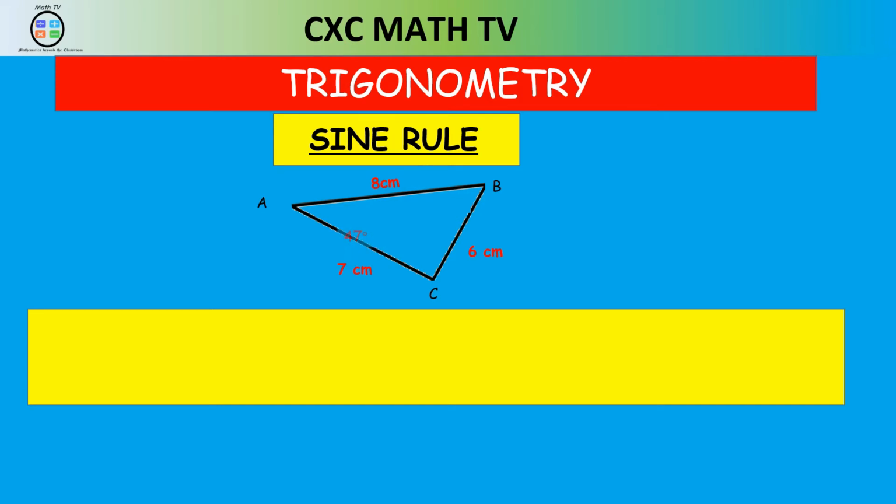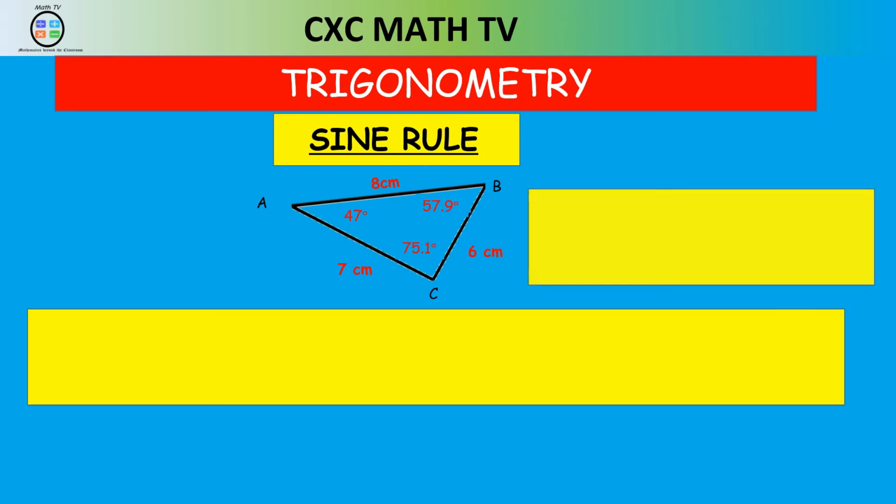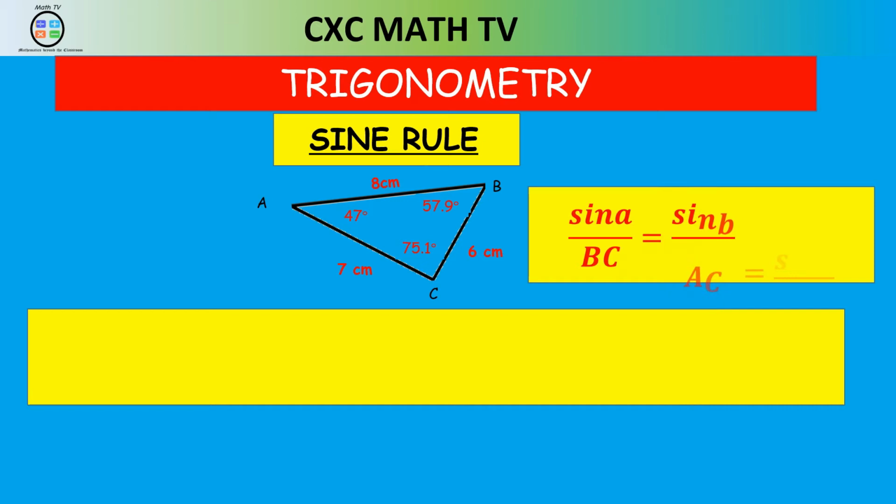Now using sine rule, the sine of A divided by the side opposite to that angle, which is BC, is equal to the sine of B divided by its opposite side, equal to the sine of C divided by its opposite side. For 47 degrees, the side opposite is 6 centimeters, that's BC.